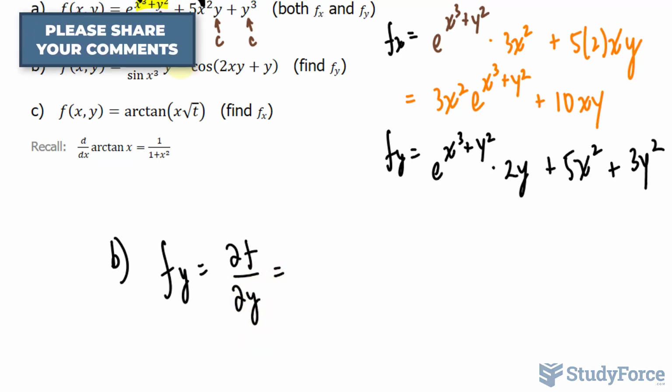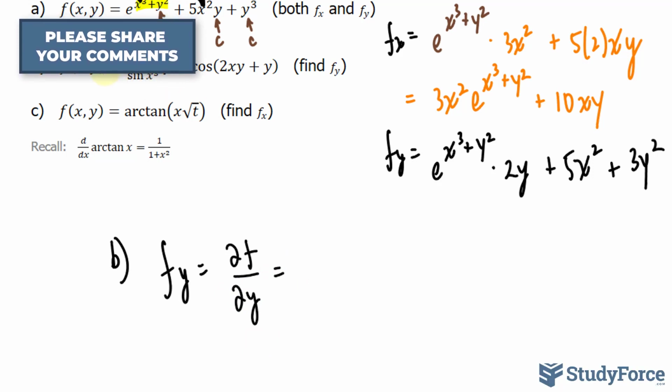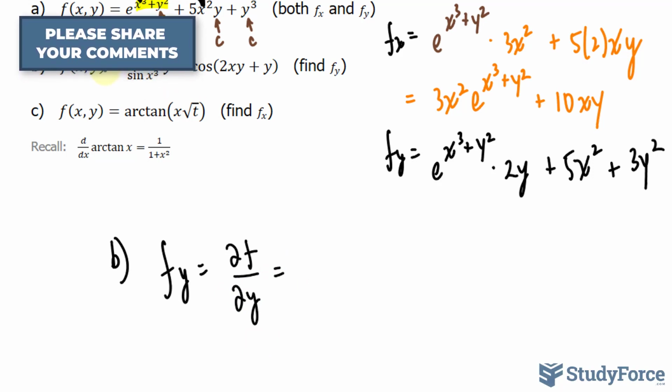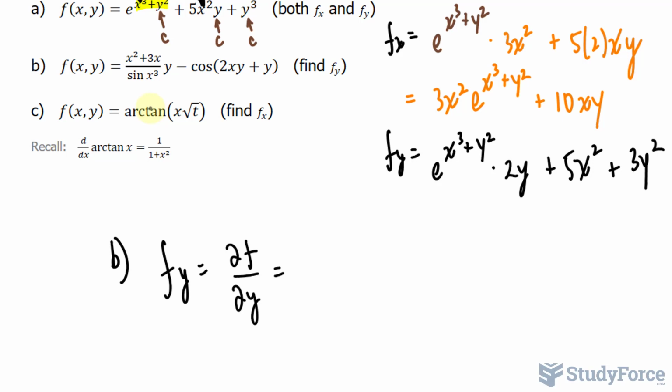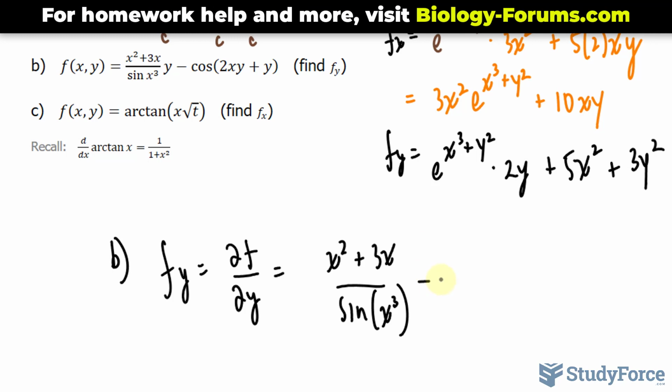So let's begin. We'll start with this term, and if we take the derivative with respect to y, this y becomes 1, and we're left with the fraction x squared plus 3x over sine x to the power of 3 minus, now let's focus on that, the derivative of cosine is negative sine. So we have negative times negative sine.